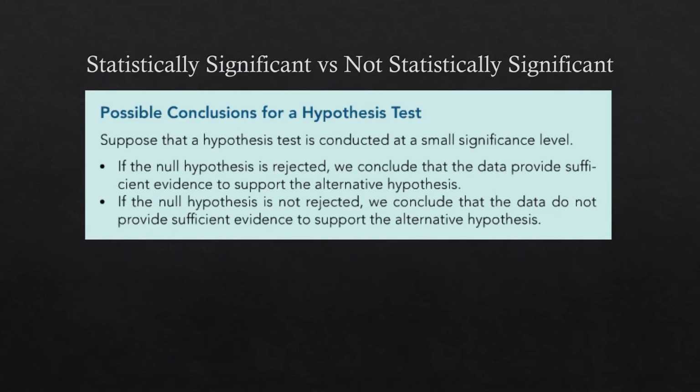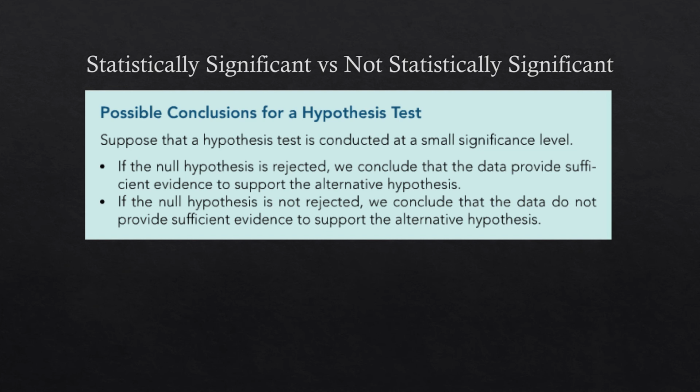Statistically significant versus not statistically significant. Let's suppose we have a small significance level. If the null is rejected, then we can conclude that the data has sufficient evidence to support the alternative. If you have sufficient evidence to support the alternative, we say that it's statistically significant, that you have statistically significant evidence.